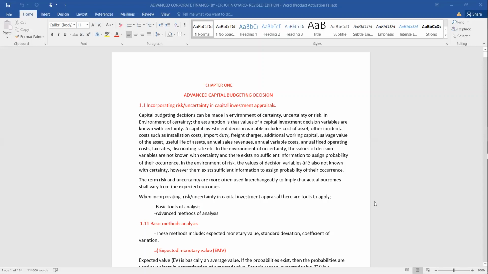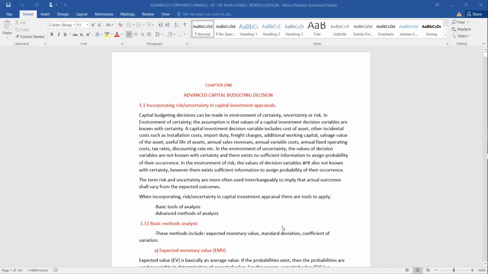Some time back, when I was introducing this topic, I did indicate that when making capital structure decisions, the ultimate objective is basically to determine the firm's optimal capital structure.